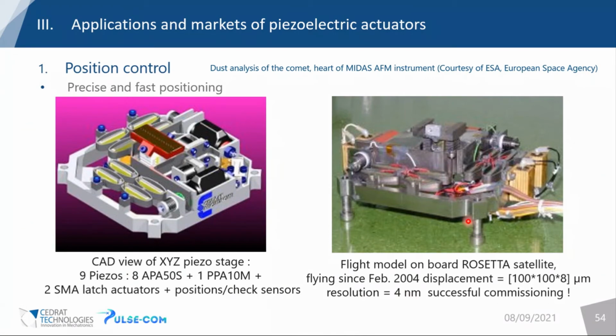And you have to know that in piezoelectric actuators, the theoretical resolution is infinitesimal, infinitely low, but you are always limited by the electrical noise because it converts electrical energy to mechanical energy. So the 4 nanometer resolution is a consequence of having electrical noise in the electronics.